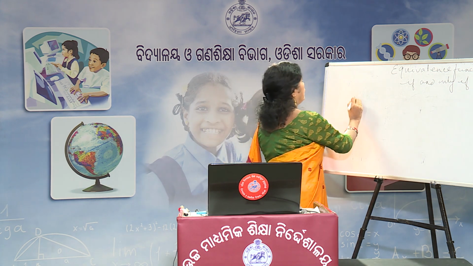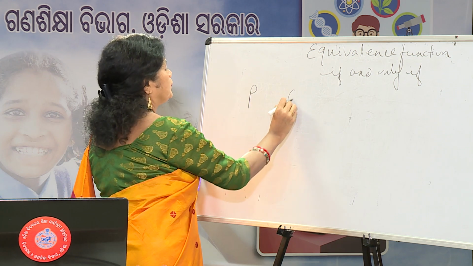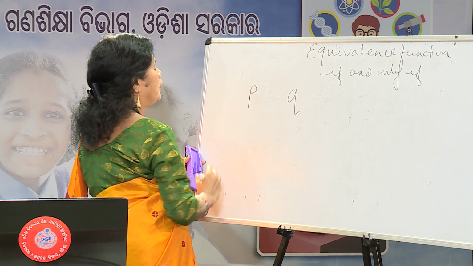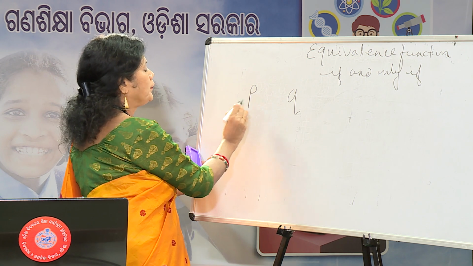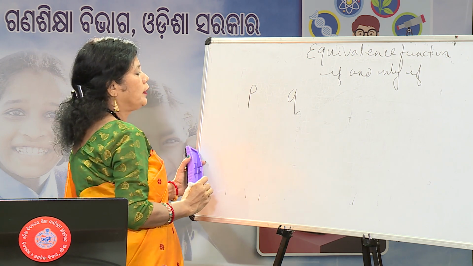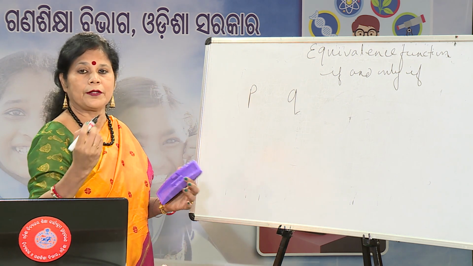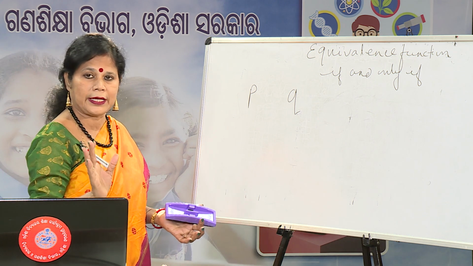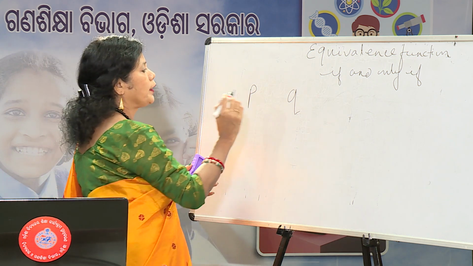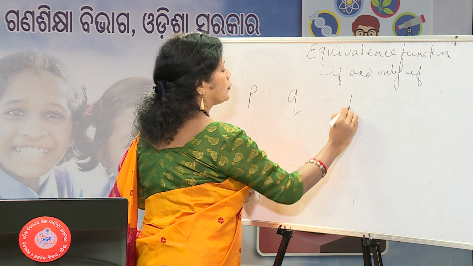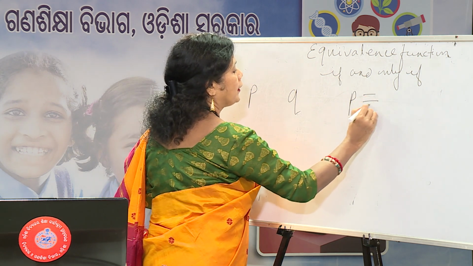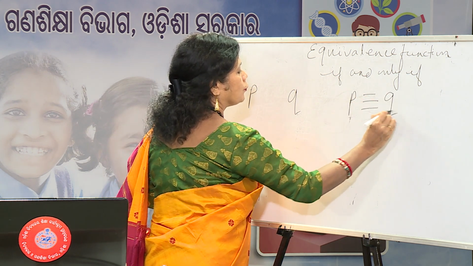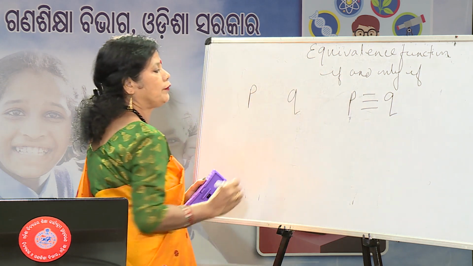Now P stands for Ram killed Ravan and Q stands for Ravan was killed by Ram. The meaning of both is the same. Now equivalent function, p triple bar q. This is the sign of equivalent function.